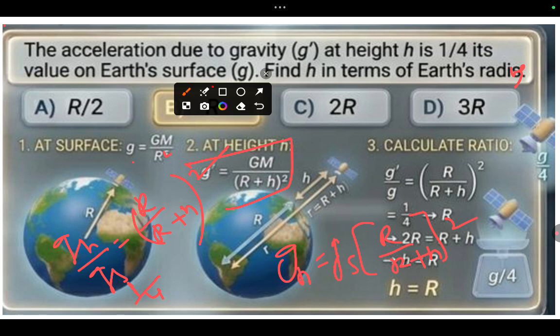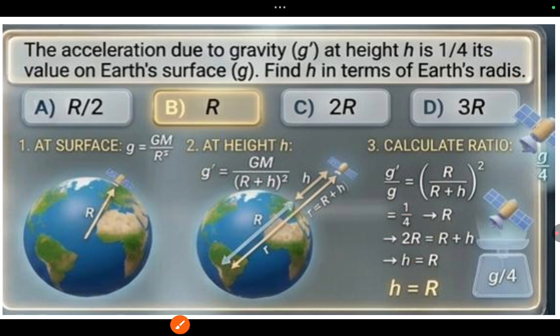We need to find the height. So g dash by g equals r by r plus h whole square.